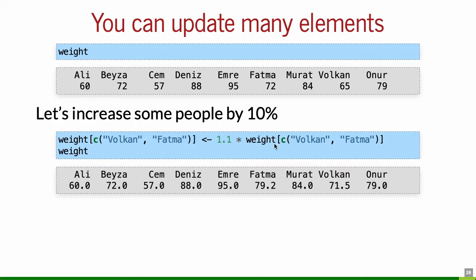Here, for example, we take Volcan and Fatma, we multiply their weight by 1.1, increasing it by 10%, and we assign it back. The rest of the values don't change, only Fatma and Volcan get their weight increased. And please notice that the order here is not important. The only relevant part is that the order in the input should be the same as the order in the output.